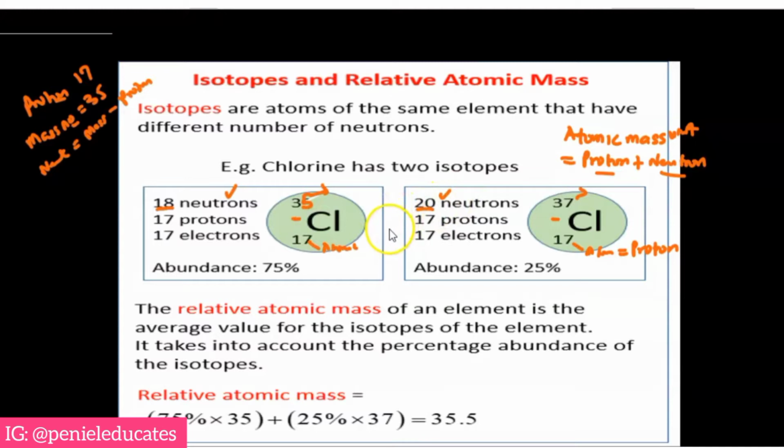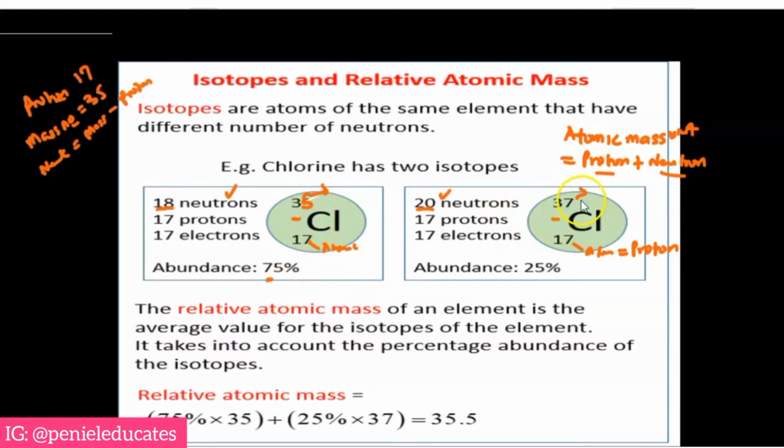All right. So now we can have the abundance. The abundance just means the amount of this particular chlorine of mass 35 that we have in the isotope. So the isotope of chlorine of mass 35 has 75% abundance.